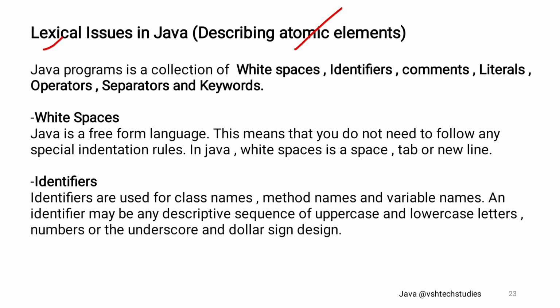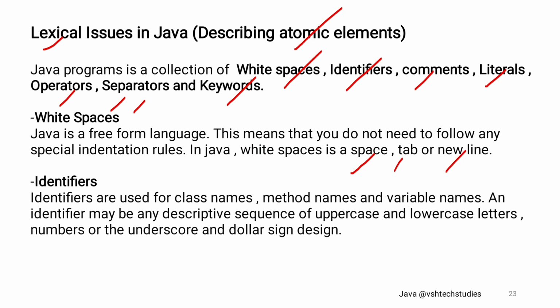So a Java program is a collection of elements. Which elements are allowed here? White spaces, identifiers, comments, literals, operators, separators, keywords. So what are white spaces? Whenever we press the spacebar key on the keyboard, a space is printed. Tab means the tab key; when we press it, 5 spaces are printed.